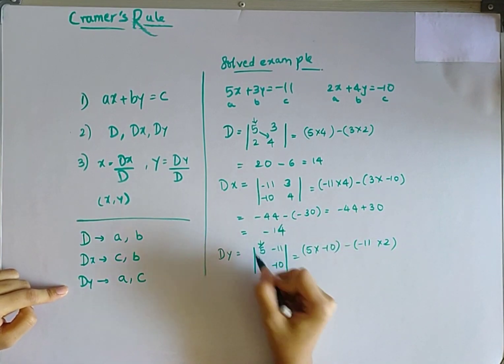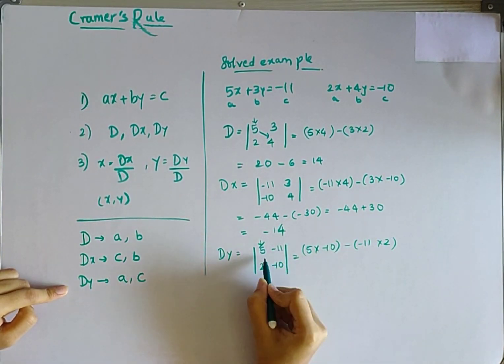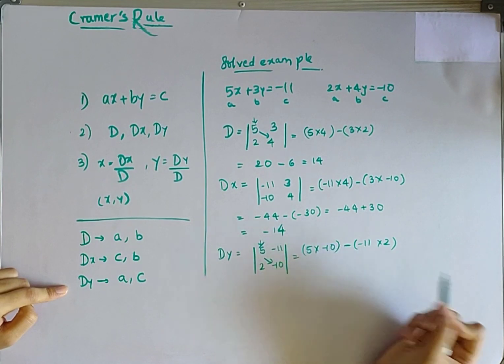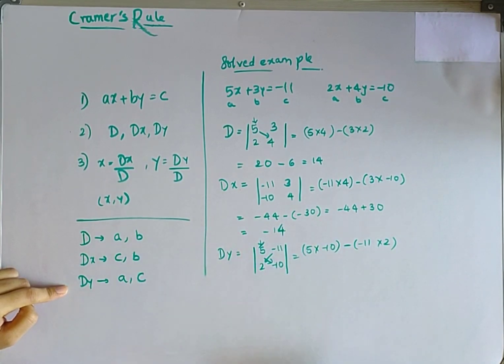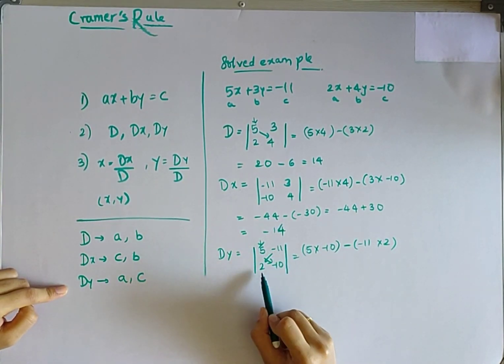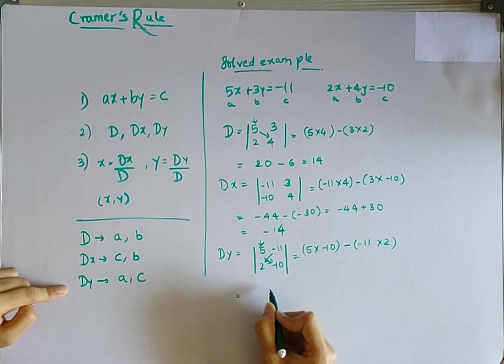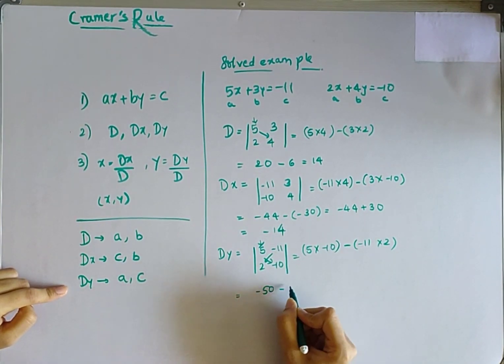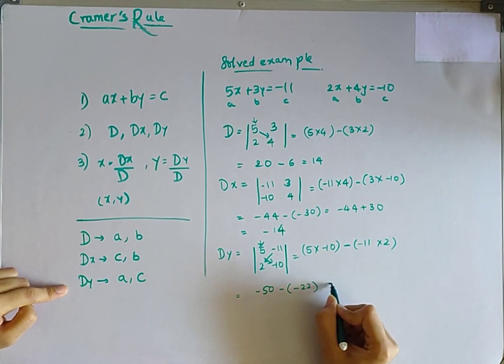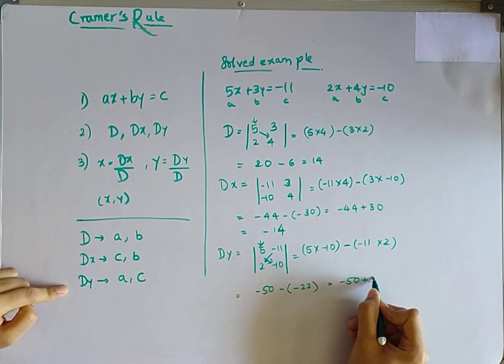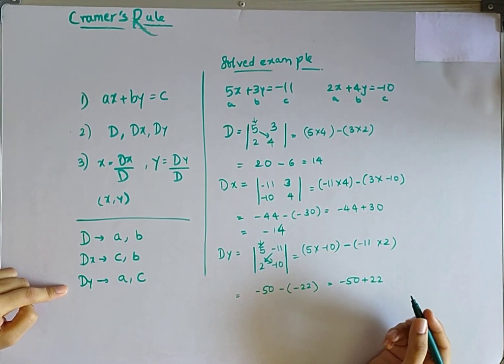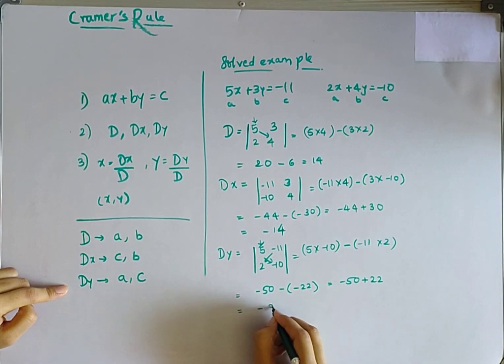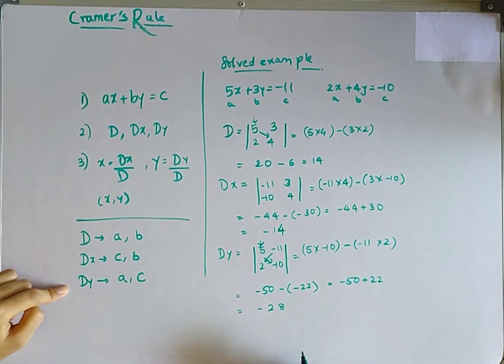How do I do it? First this 5 into minus 10. Then put a subtraction sign and then the second diagonal, that is minus 11 into 2. So minus 50 minus of minus 22. That is minus 50 plus 22. What will this be? Minus 28.